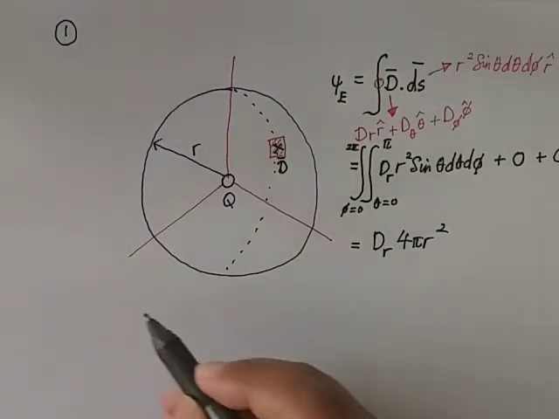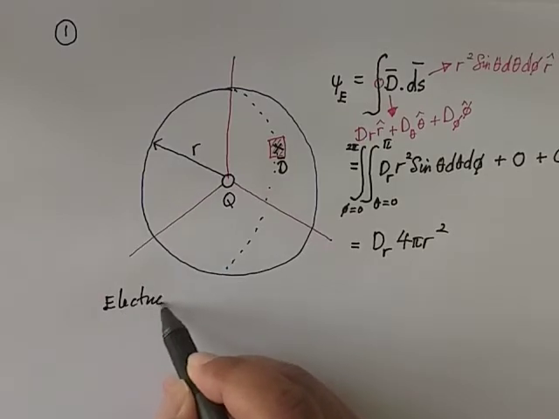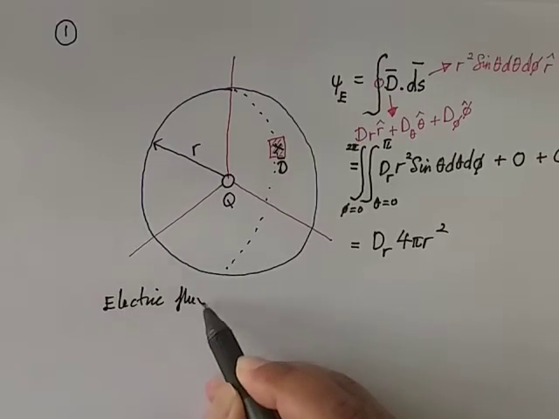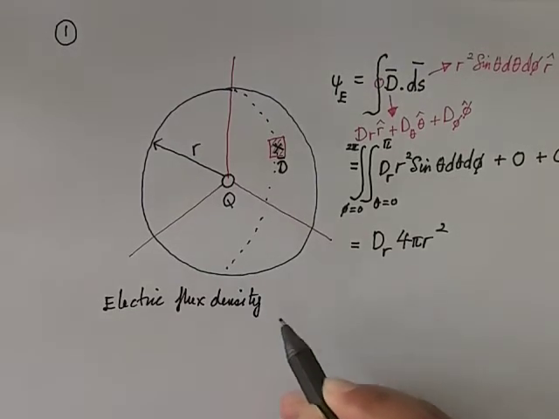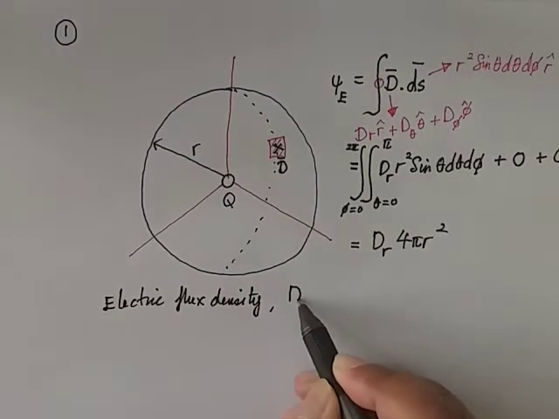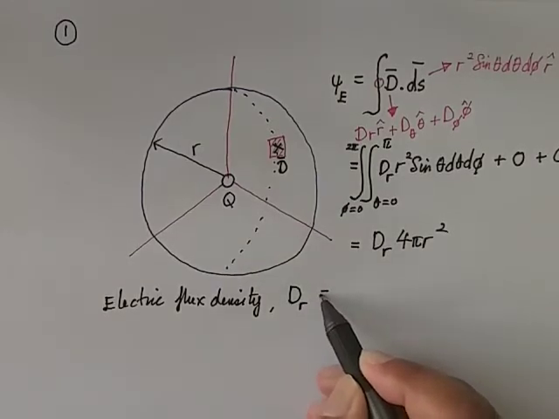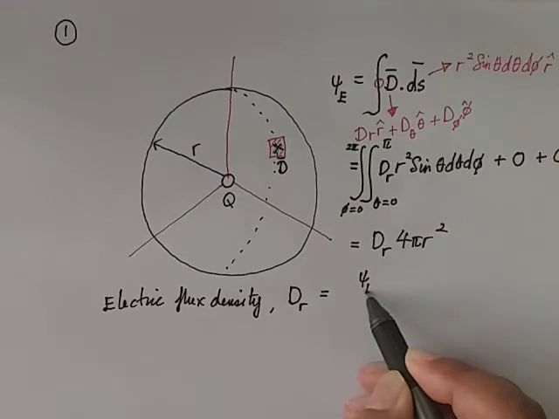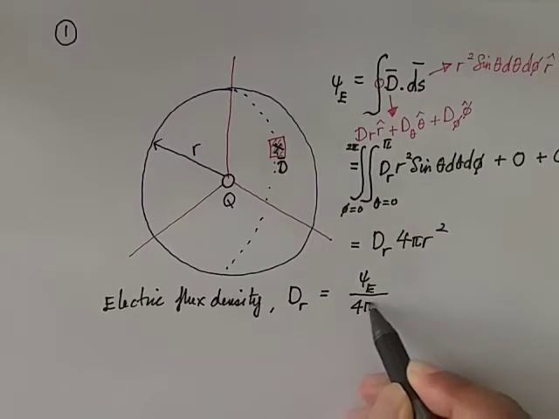So electric flux density, we're going to put D now. I put r first just to make it easy. So electric flux divided by 4 pi r squared.